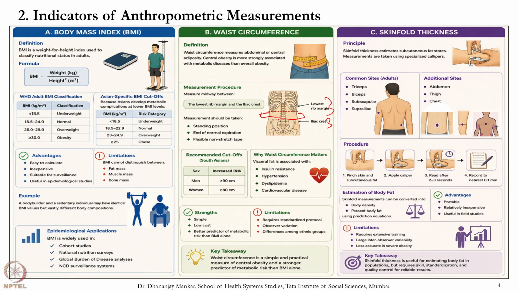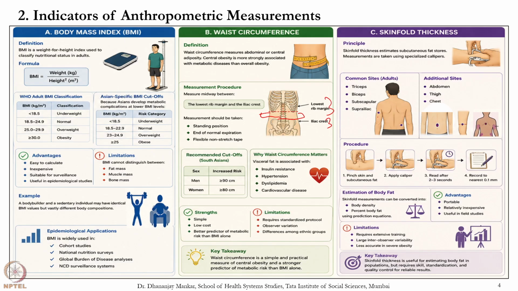The reason is to see how the skin fold goes back to its position after using the caliper. For the estimation of body fat, the skin fold measurement can be converted into body density and percent body fat using prediction equations. The advantage of skin fold thickness is that it is portable, relatively inexpensive and useful in field studies.